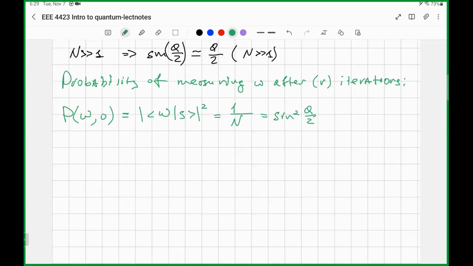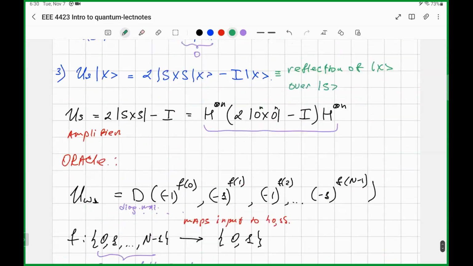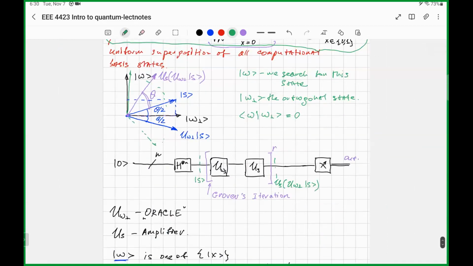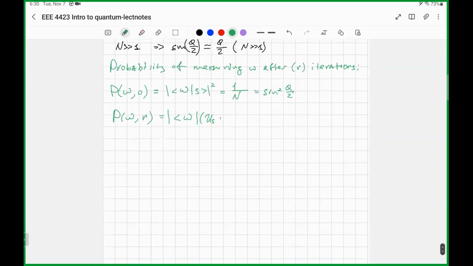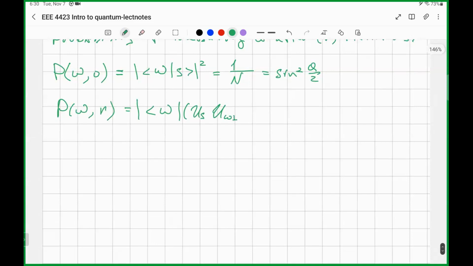So next, the probability of finding omega after r iterations is going to be equal to, again, the absolute value squared of the projection of omega on a new vector, which is the operator U_s U_omega, to the power r, multiplied by the s vector, squared.